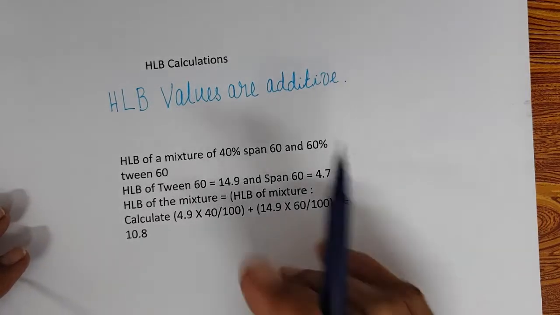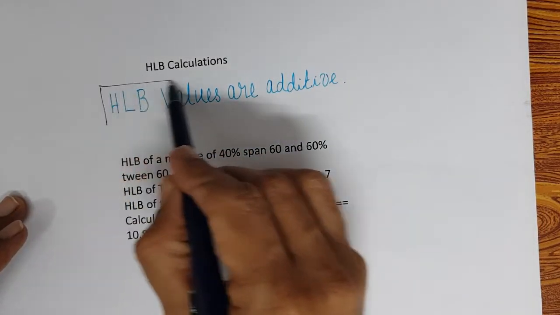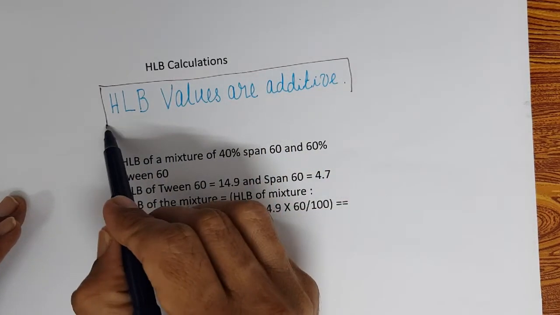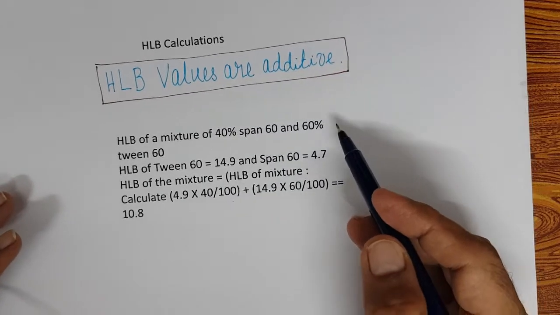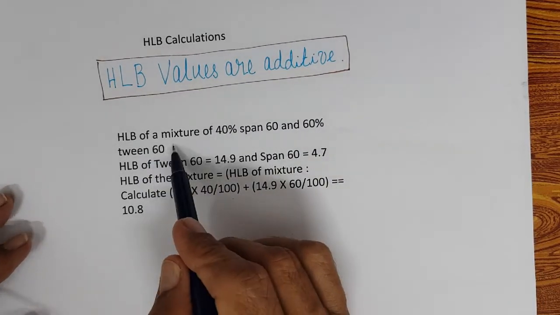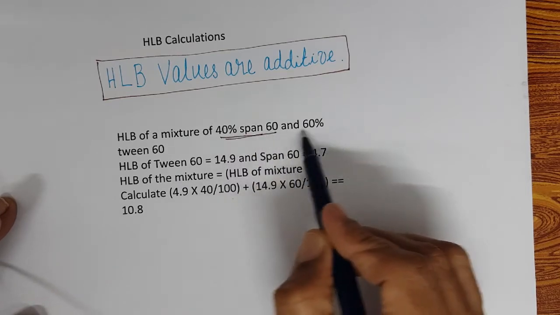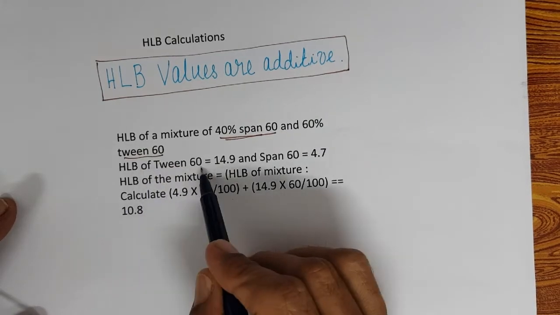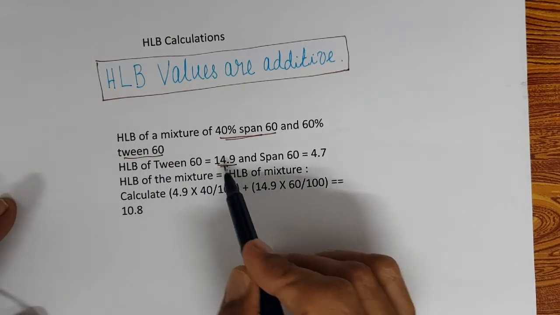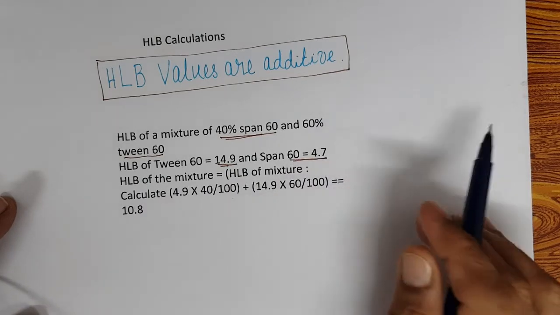This is very important. HLB values are additive. For example, what is the HLB of a mixture of 40% Span 60 and 60% Tween 60? The HLB of Tween 60 is 14.9 and the HLB of Span 60 is 4.7.